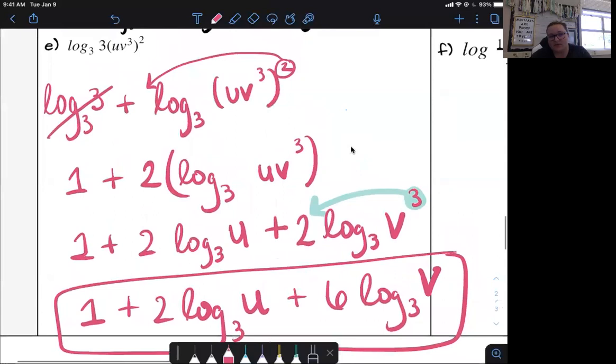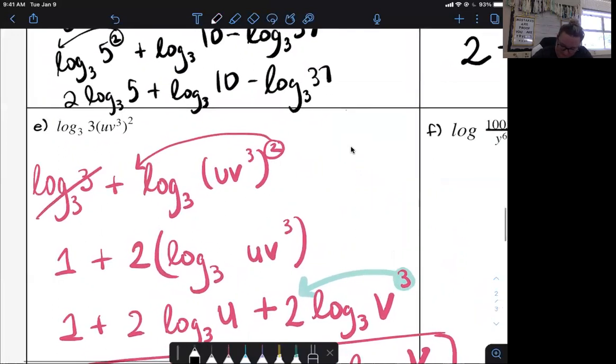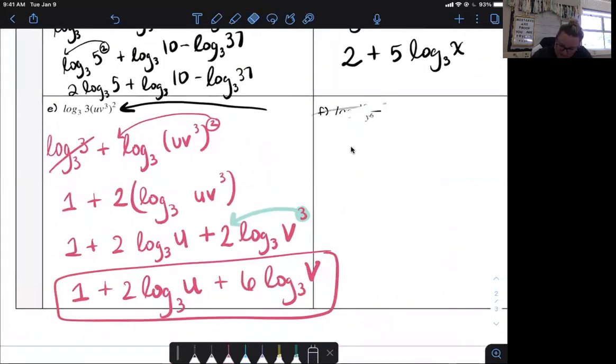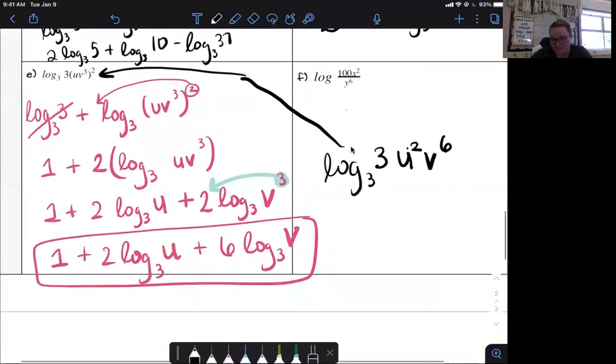Now, the other way we could have gone about this is we could have gone ahead and taken uv cubed squared. So I'm going to do it that way real quick too, just off to the side here. We would have the log base 3 of 3, and then we would have u squared v to the 6th.